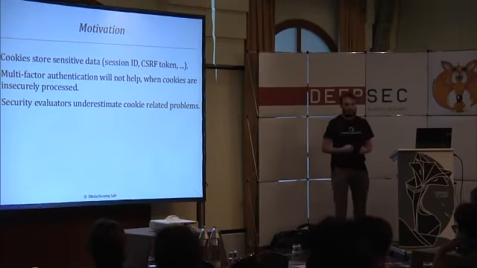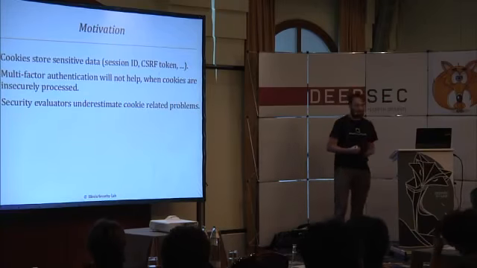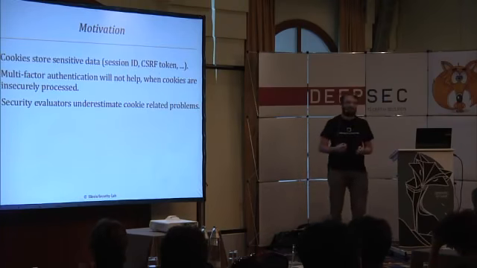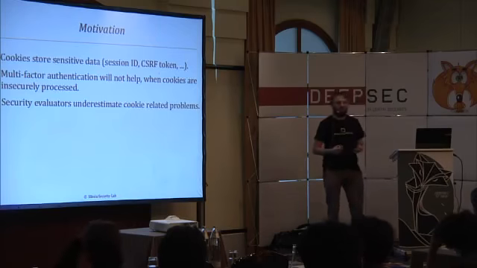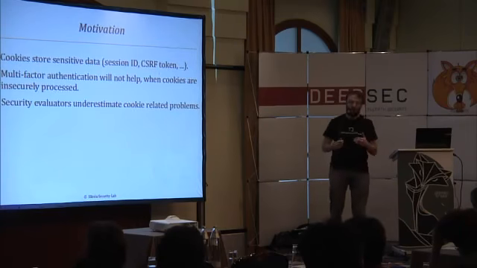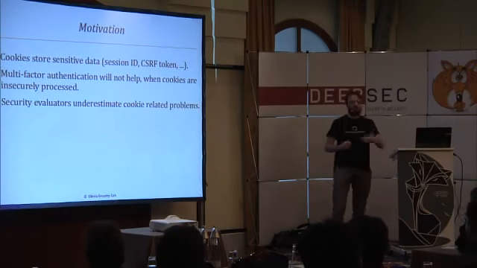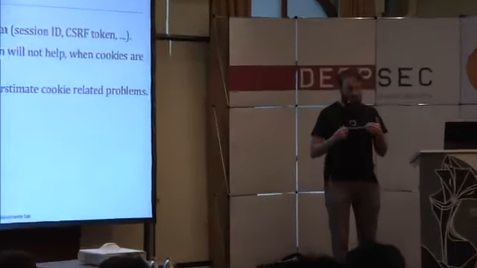People claim very often that, for example, stealing a cookie via XSS may be interesting, but from a practical point of view, you need access to the machine of the victim, so it is only exploitable locally, so it's not interesting, right? So the risk is low. So people very often think that exploitation of cookie-related vulnerabilities is related to local exploitation. It is absolutely not true, and I will show you examples.